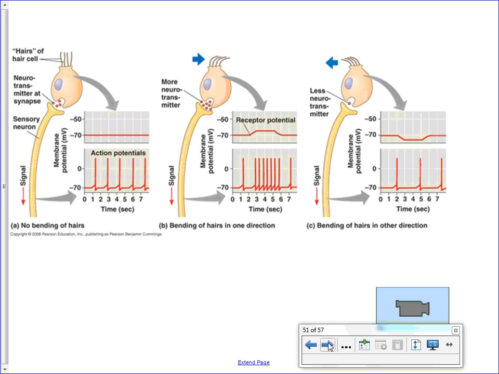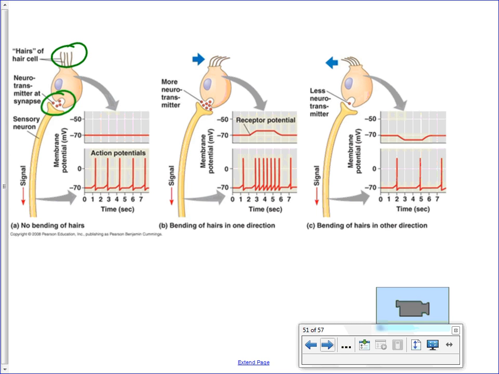This one here is showing that in fact they are separate receptor cells, just like we saw with the photoreceptors in the eyes. So we do need to have a connection between these receptor cells in the organ of Corti and the sensory neurons that are part of the auditory nerve. So there will have to be the release of a neurotransmitter. What this picture is showing is that initially we have the hair cells that are not moving.